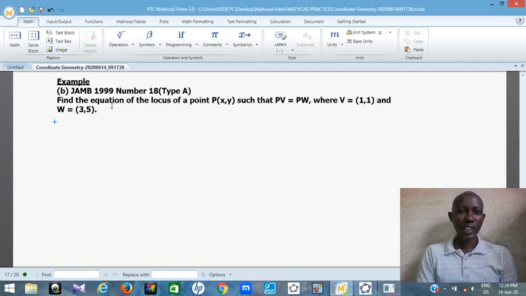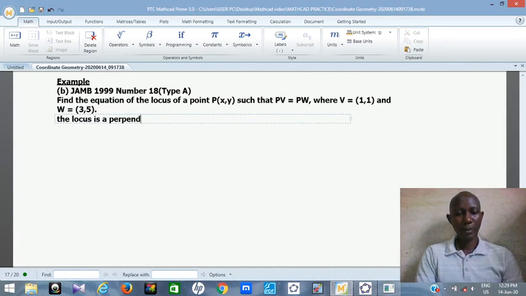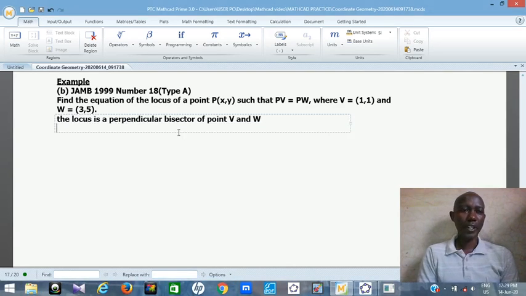So what you need to know from this analysis is that point P is standing on a perpendicular bisector. That is where we are going to start from. The locus whose equation we need to get is a perpendicular bisector, the locus of points V and W. This is very, very important.